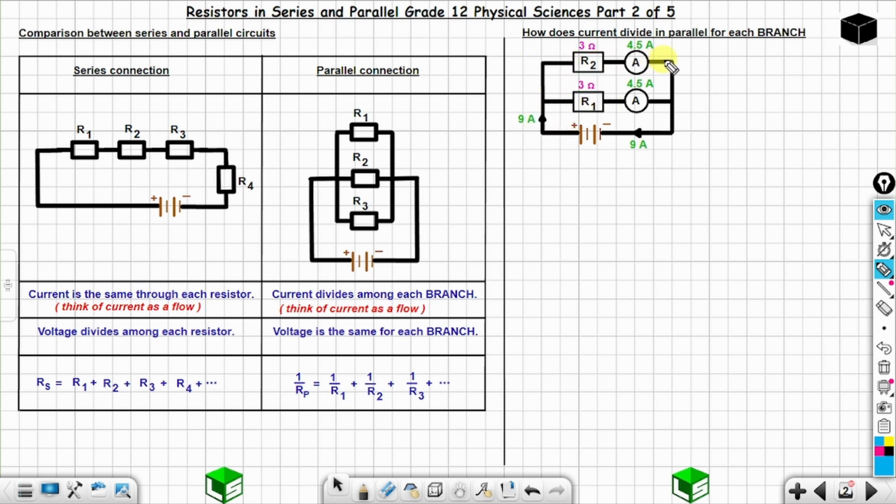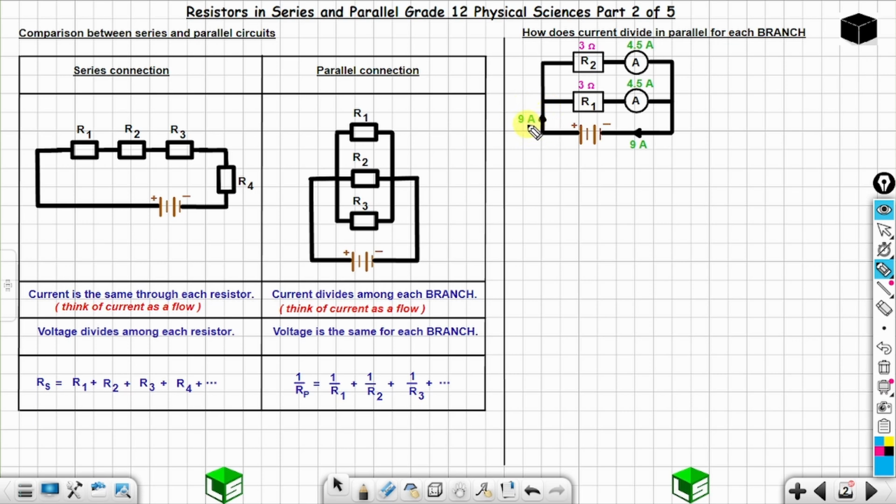On this branch you have 3 ohms, on this branch you have 3 ohms. This is why you have 4.5 amperes through this resistor, and through this resistor you also have 4.5 amperes. 4.5 plus 4.5 is 9 amperes.